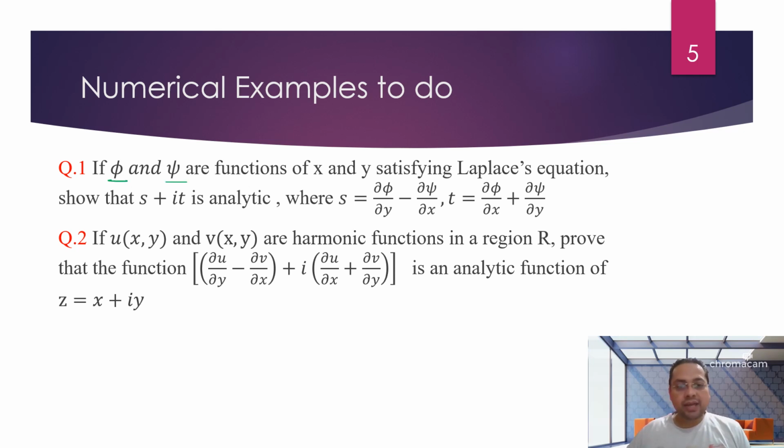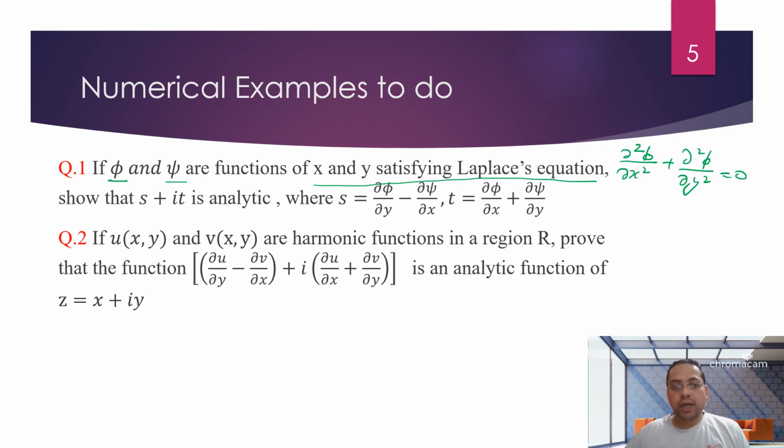If phi and xi are functions satisfying the Laplace equation, that means del square phi over del x square plus del square phi over del y square is equal to 0, and similarly for xi also. These two equations are given.